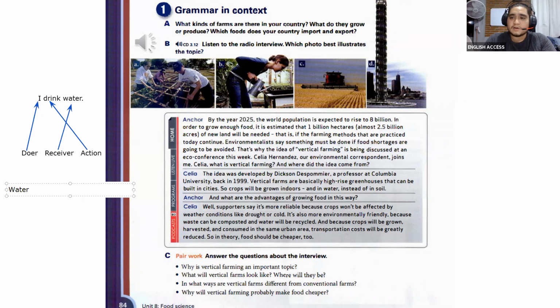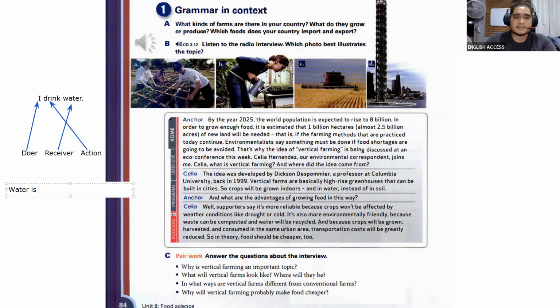Now, the receiver is always followed by the verb be or whatever modal you're using, okay? But again, with the verb be. So water is, well, a third person, so we use is. Now, after this, we have the action, which doesn't move, okay?